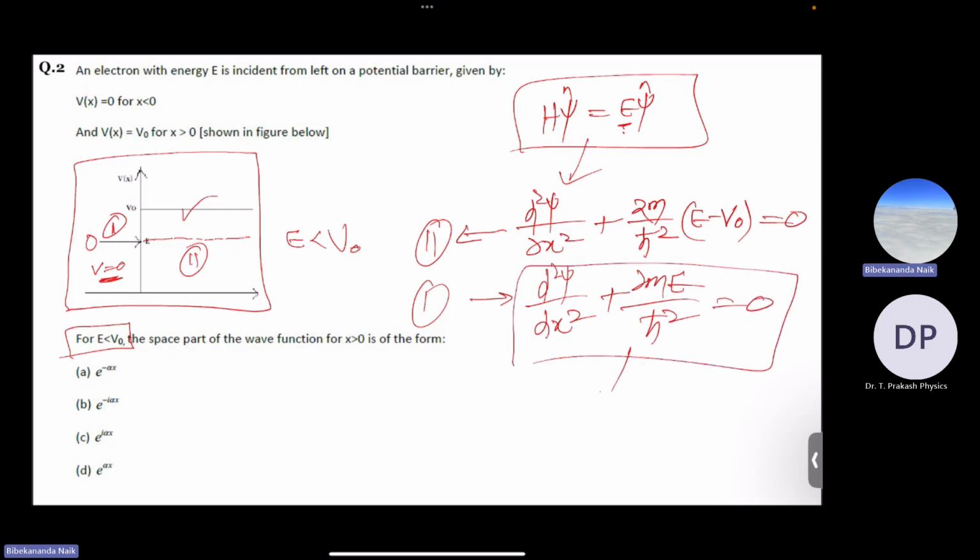This is the equation for a free particle, because for a free particle the potential is 0. But here in this question we need to find the region x greater than 0, that is the second region. So we will calculate the wave function psi. From the second equation, in the question it is given that E is less than V0.